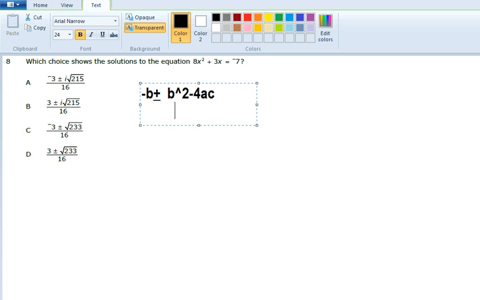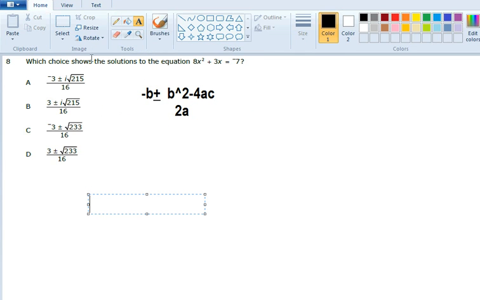Okay? So it's going to look like this. Okay, that's my beautiful problem. So we have negative b plus or minus the square root of b squared minus 4ac all over 2a. So we're just plugging in.